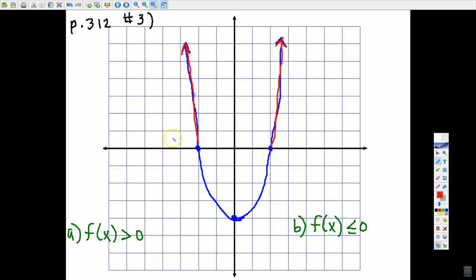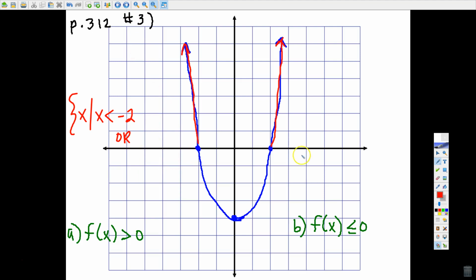So we would summarize that as all the x-coordinates such that x is less than -2, because that's the direction they're headed. Inputs are getting more negative, and that makes the parabola continue to go upward.